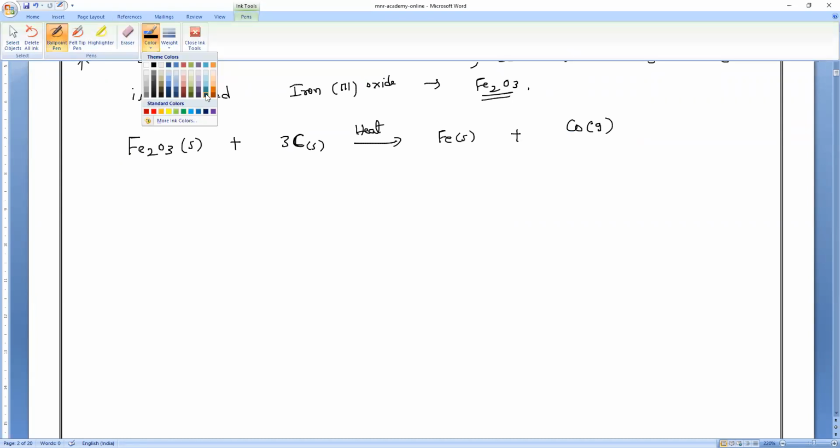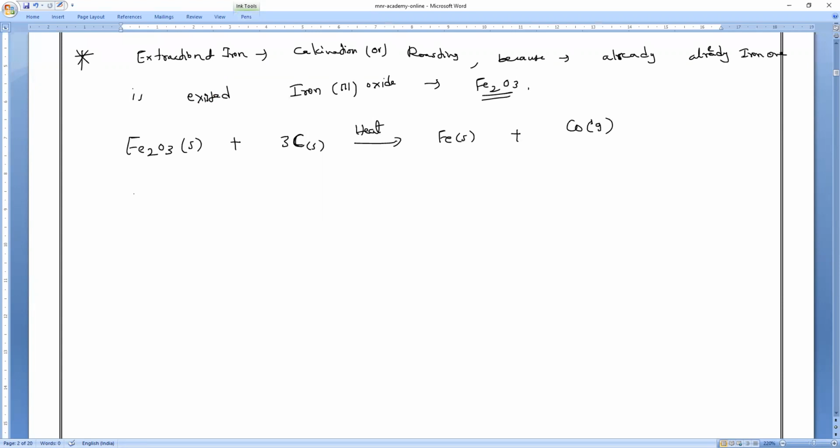Carbon monoxide. Carbon monoxide will be used as a further reducing agent. Balance the equation: Fe2O3 plus 3CO gives you 2Fe plus 3CO2. And the heat will further continue, so what products will come?